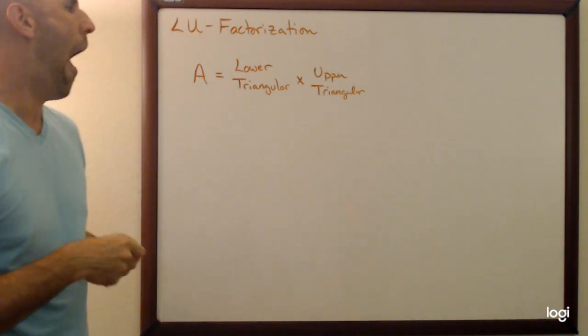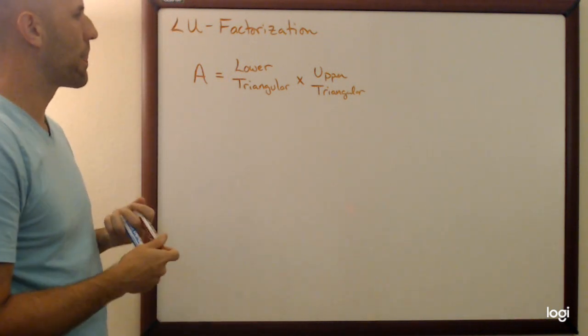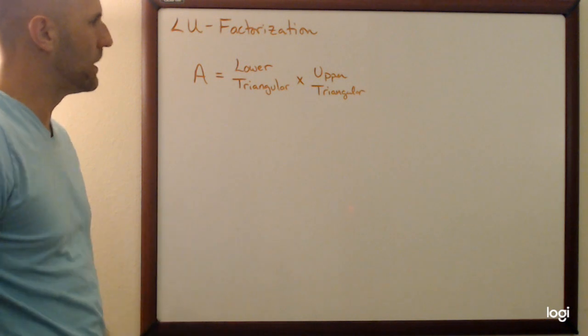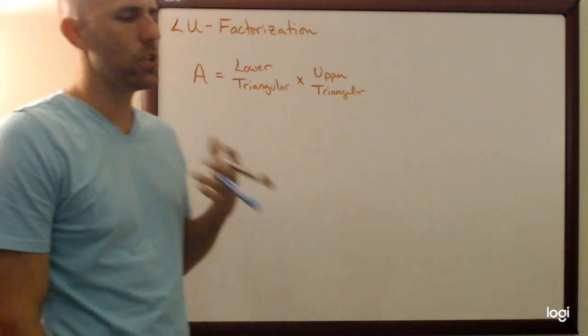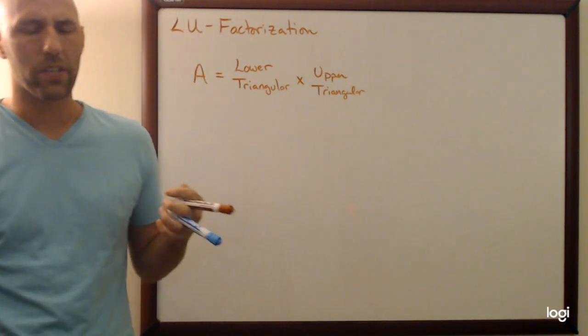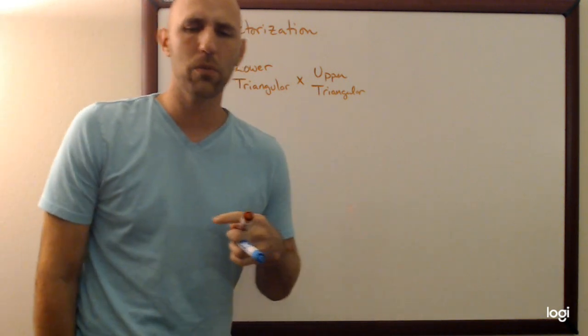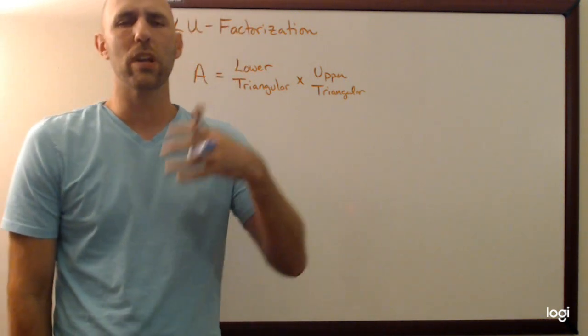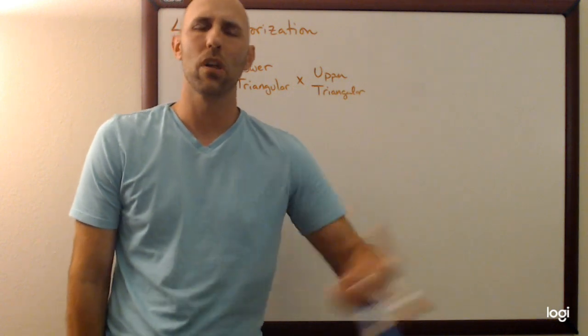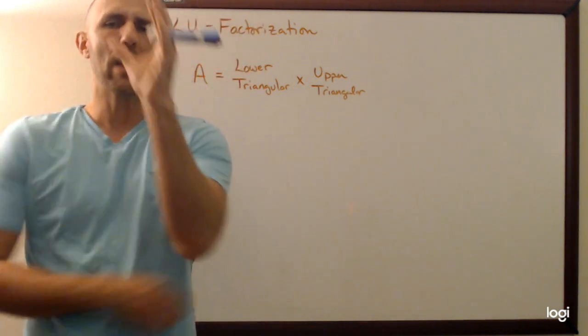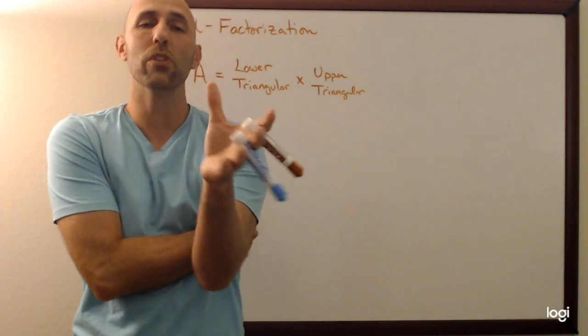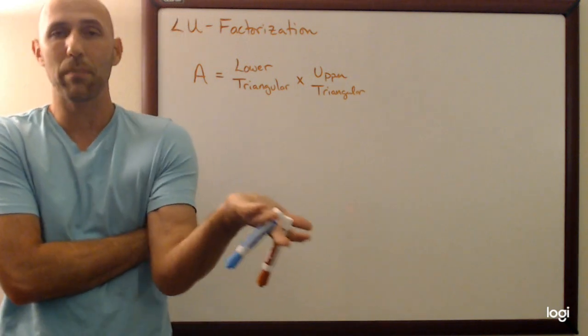Now, how am I going to do this? Well, I'm going to use the process that I used for transforming A into row echelon form. Okay? The row echelon form matrices, you may have noticed, are upper triangular, so that's got to be at least part of it, right?